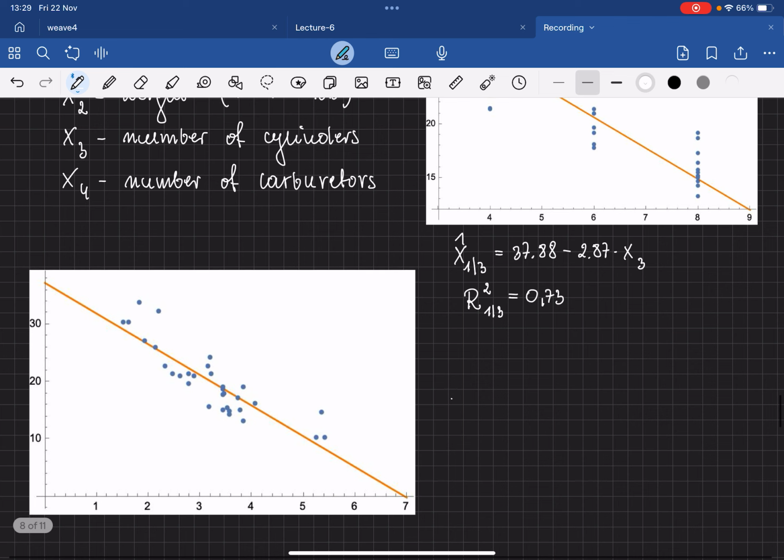So this is the regression with dependent variable x1 and independent variable x2.